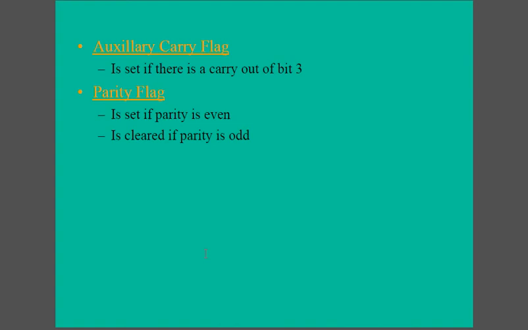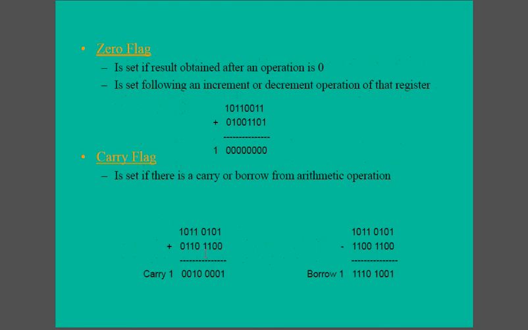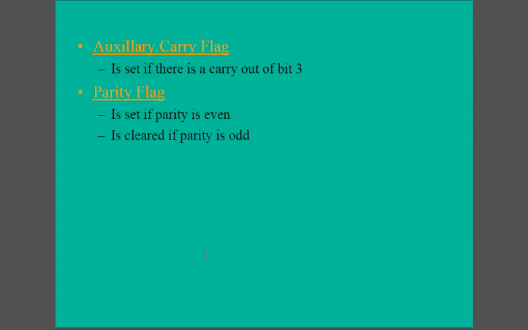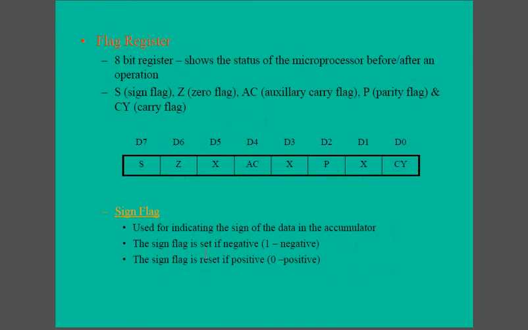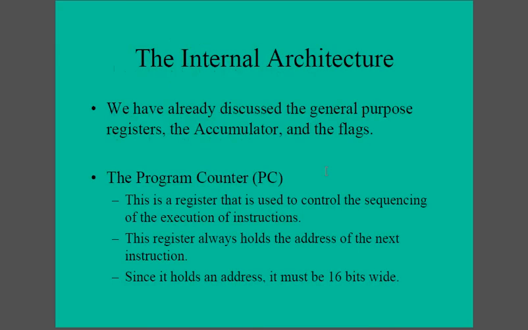The auxiliary carry flag is set if there's a carry out of bit 3, and the parity flag is set if the parity is even and cleared otherwise. You can google what parity is, class. If the parity is even, then the parity flag will be 1. If it's odd, it will be 0.